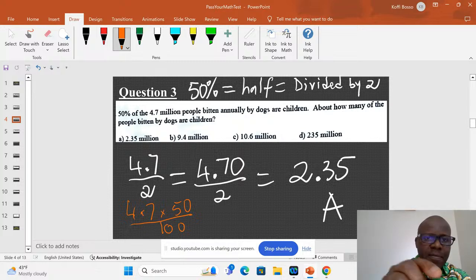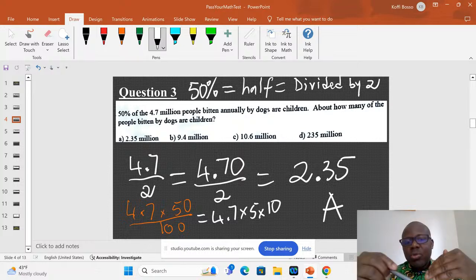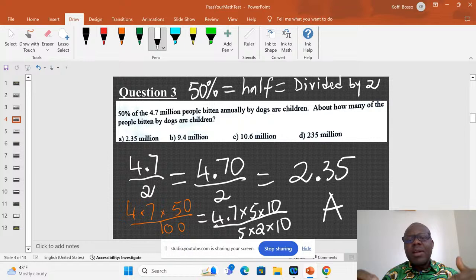Understand that this is the same as 4.7 multiplied by 5 multiplied by 10, because I'm trying to break the 50 down, divided by the 100, which is the same as 5 multiplied by 2 multiplied by 10. Again, I try to break it down.